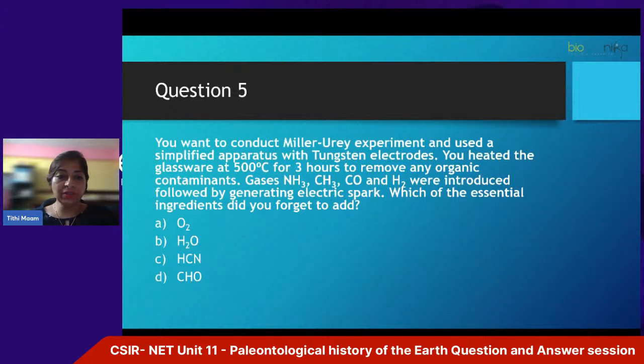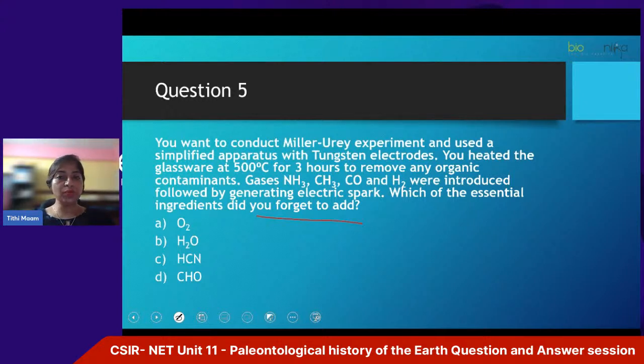You heated the glassware at 500 degrees Celsius for 3 hours to remove any organic contaminants. Gases ammonia, methane, carbon monoxide, and hydrogen were introduced, followed by generating an electric spark. Which essential ingredient did you forget to add?